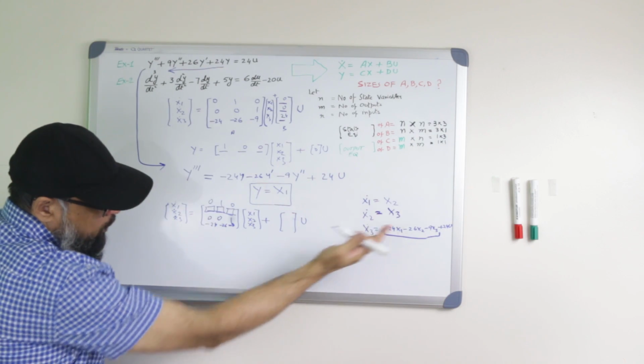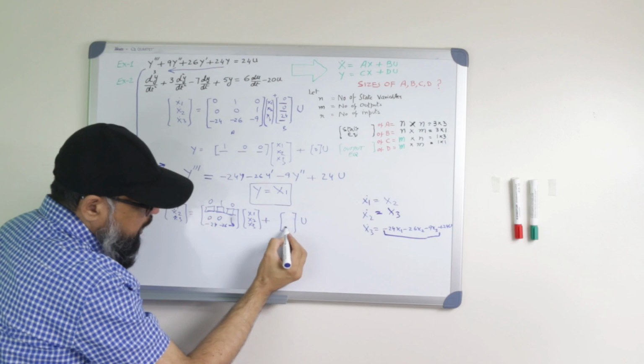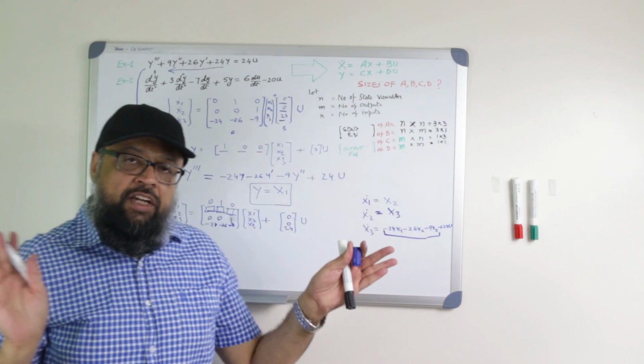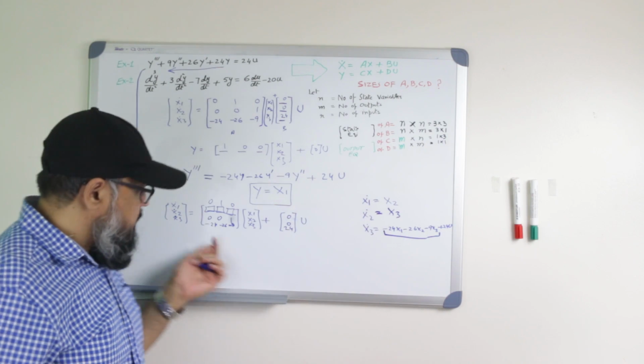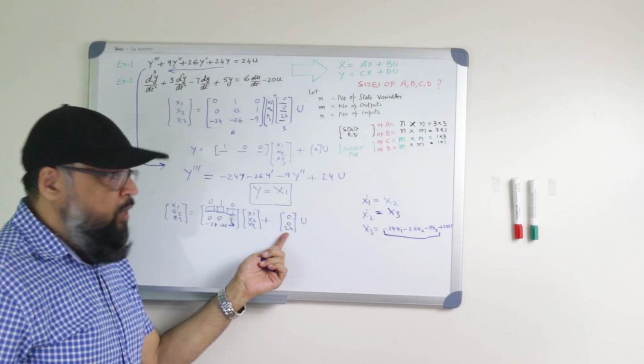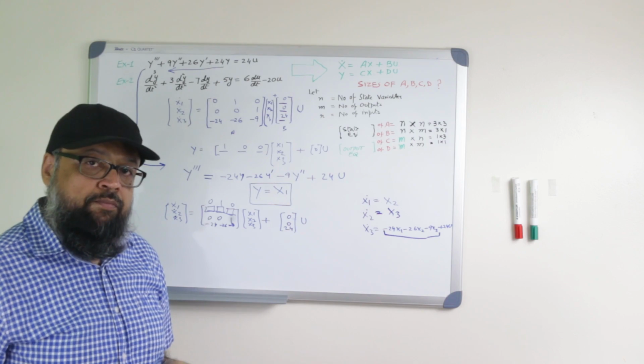How do we get 24u? Because we are in the third row, we can only put 24 in the third row of matrix B. There is no other way we can put 24, because it comes in the value of x3. So now you understand how these 1s and 0s come into this equation.